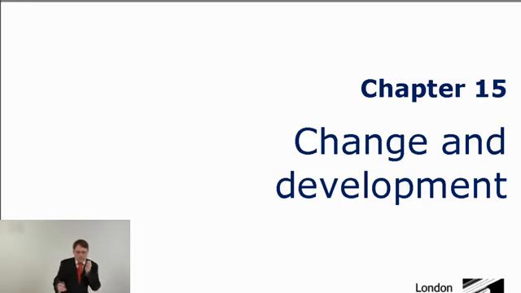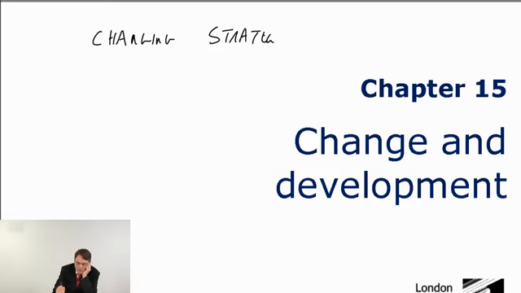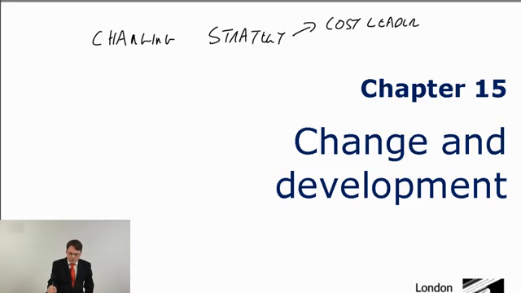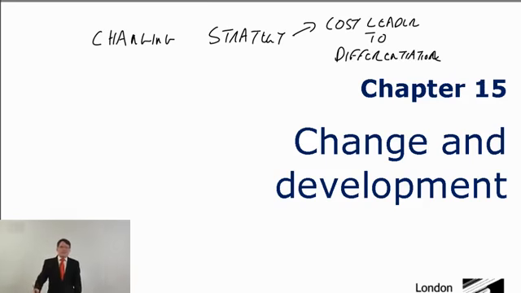So the sort of things we might have in chapter 15 are things like changing the strategy of an organisation. So, for example, if you wanted to go from being a cost leader to being a product differentiator, or the other way around, going from a differentiator to being a cost leader, that's not really a project.